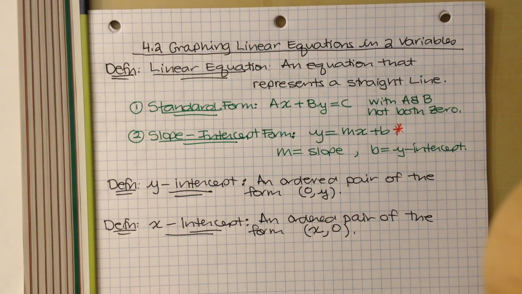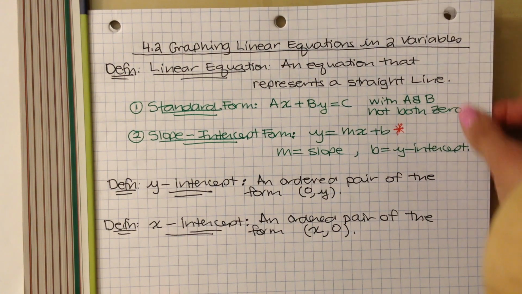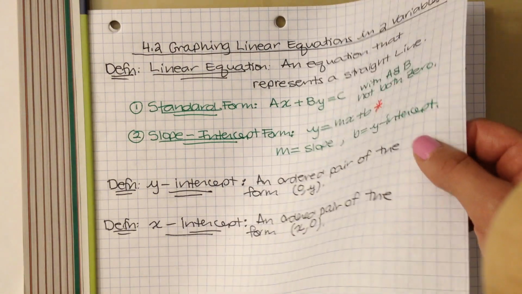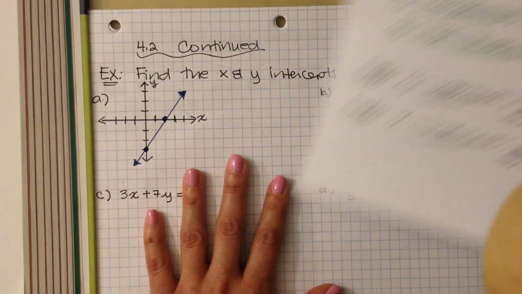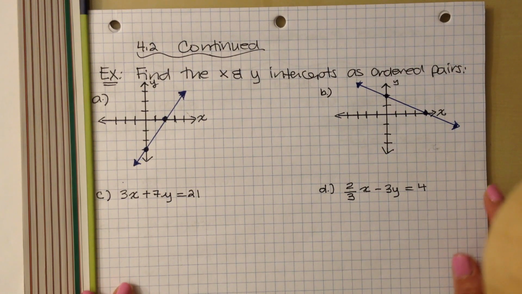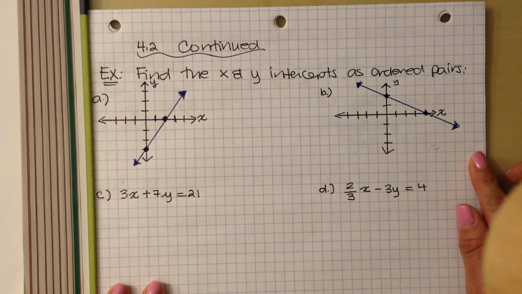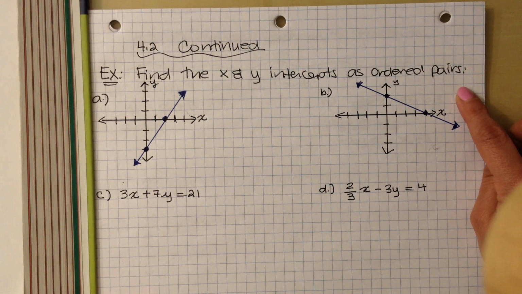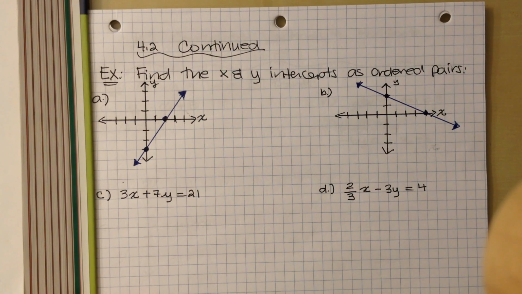Let me show you two graphs where we have to determine the x and y intercept. To have a better understanding, let's take a look at the next two examples. We would like to find the x and y intercepts, and we want to write our answer as an ordered pair. I will ask you to write your answers as ordered pairs on your test.